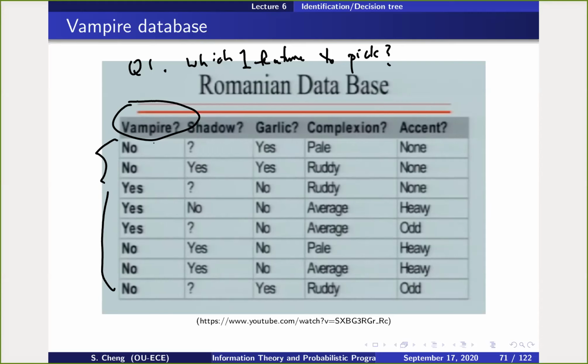For example, the second one here is not a vampire and has a shadow, is afraid of garlic, has a pale complexion, and has no accent. Now if I try to evaluate a new subject, a stranger coming up, and you want to classify if that someone is a vampire or not, and I can only choose one feature to pick, which feature should I pick, out of just this data here?